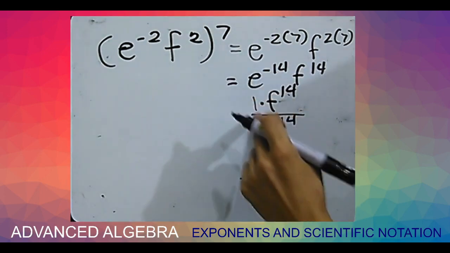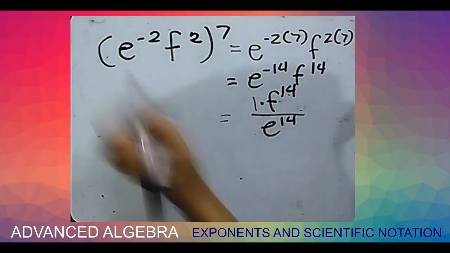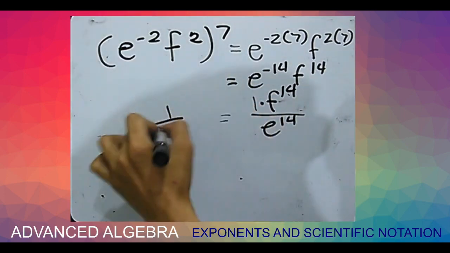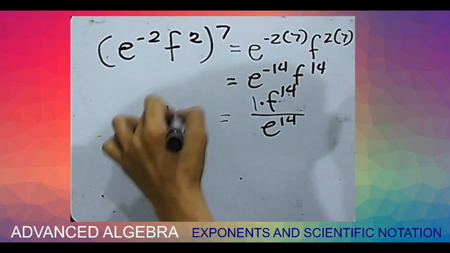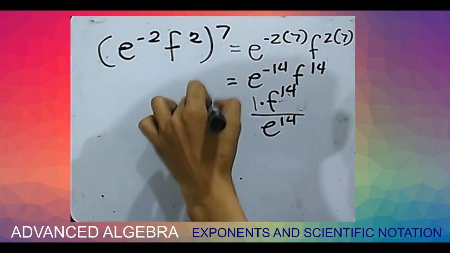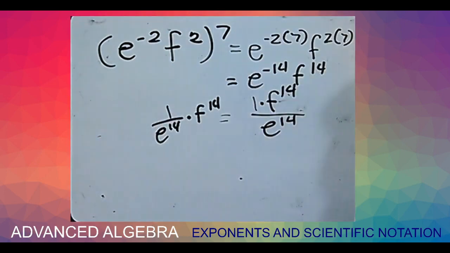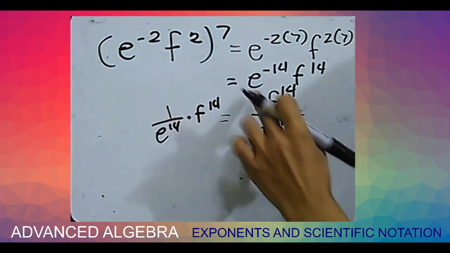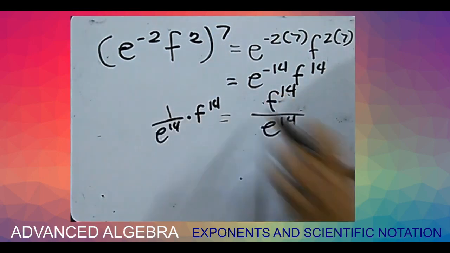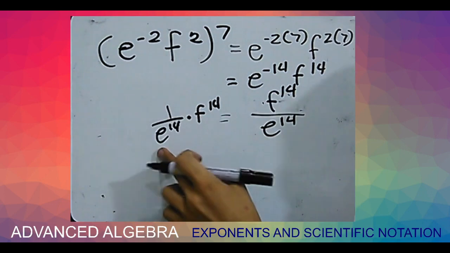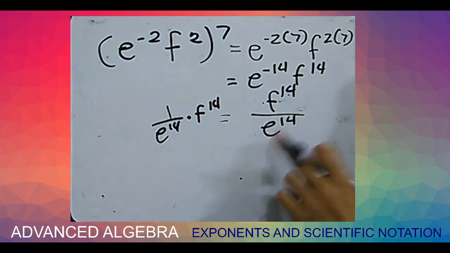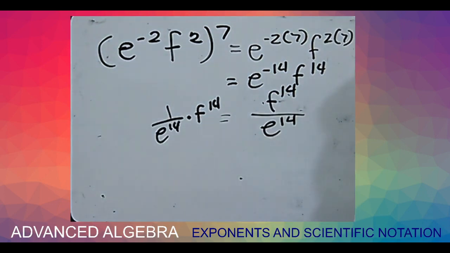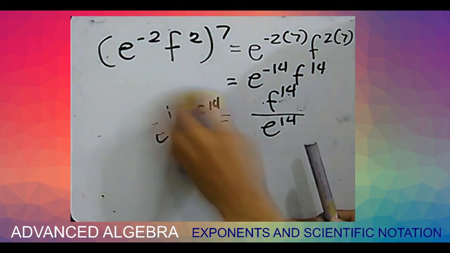Kasi pag sinulat natin ulit, ang magiging niyan, 1 over e to the 14 power times f to the 14 power. So, yun yung process. 1 times f to the 14 power, ang sagot ay f to the 14 power. Tapos, natira sa ilalim, e to the 14 power. So, yan. Kahit hindi mo na isulat to, idiretso mo na.